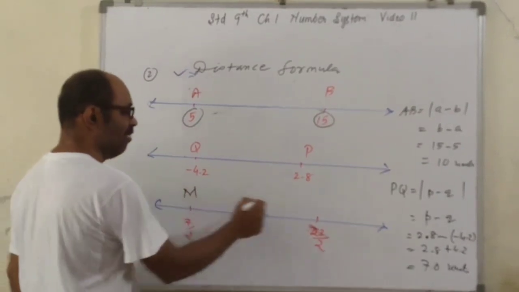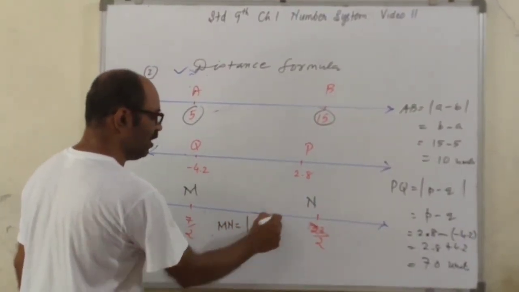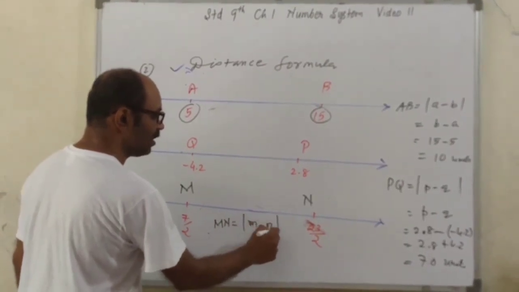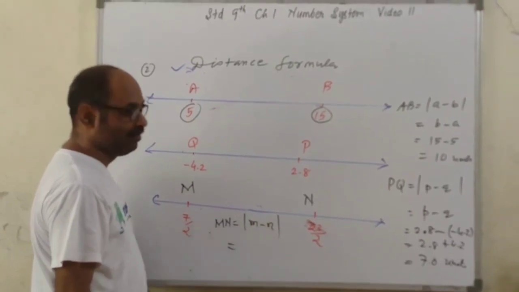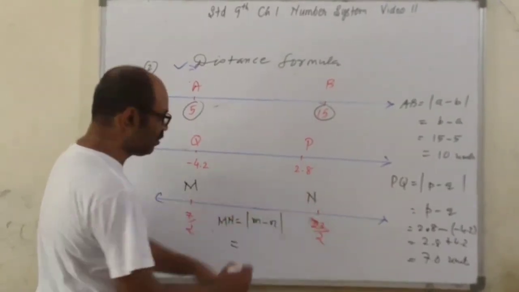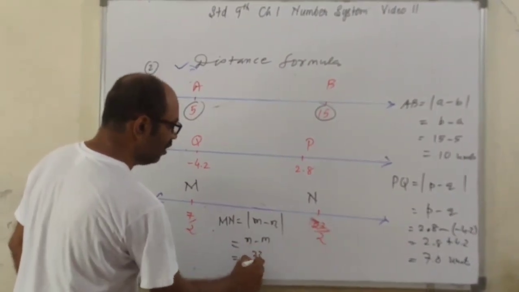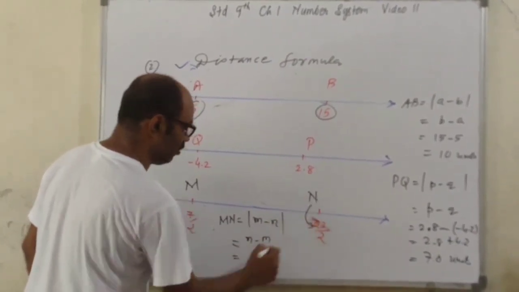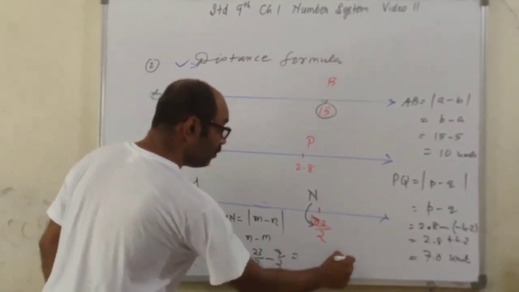Let's see this. Suppose this point is M and this point is N. Then what is MN according to the distance formula? Small m minus small n. Which is bigger, small m or small n? N is to the right, so small n is big minus m. Now what is n? Small n is 23 upon 2. Minus what is m? 7 upon 2.